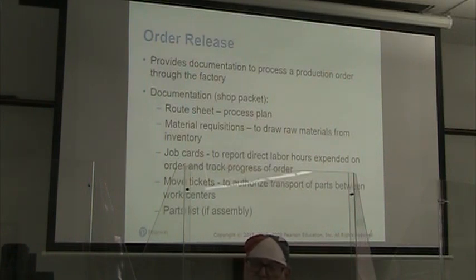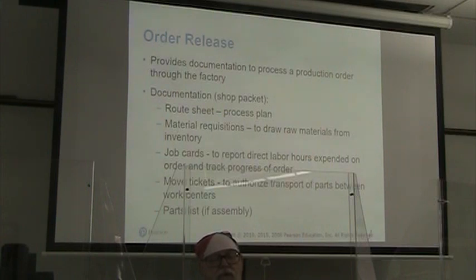Job cards, where we report the direct labor hours that are used on the order and track the progress of the order. Move tickets authorize the transportation of parts between work centers. Sounds like a Kanban to me. And the parts list, if there's an assembly involved.